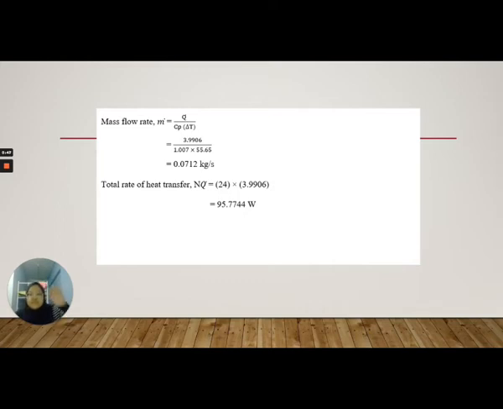As for the total rate of heat transfer, the number 24 is from the type of fin we use. Because we use the cylindrical rod, the value of N is 24. The mass flow rate is 0.0712 kg per second and the total rate of heat transfer is 95.7744 watt. That's all from me.